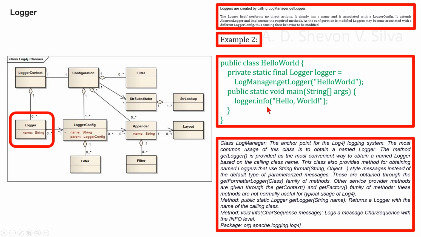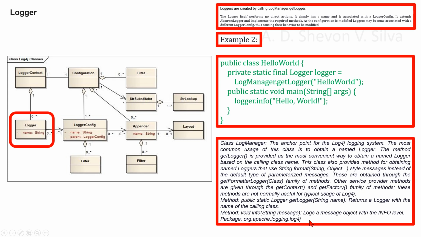And here, void info(String message) logs a message object with the info level.